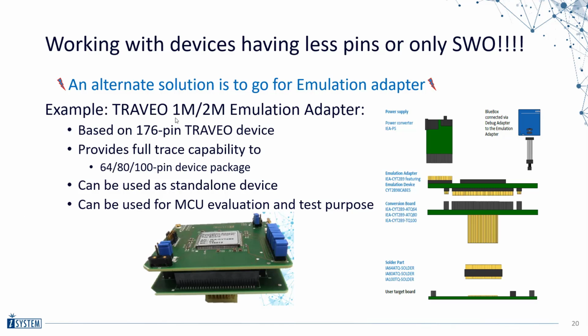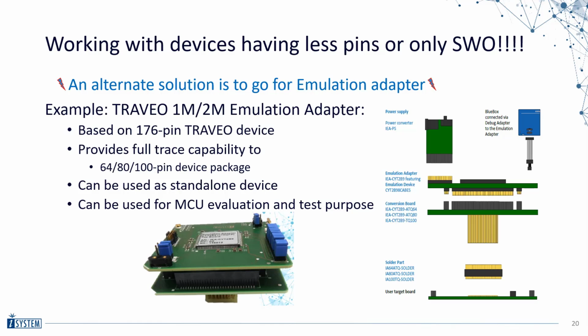In case of Traveo devices, iSystem provides the Traveo 1M or 2M emulation adapter, which is based on the 176 pin Traveo device and provides full trace capability to 64, 80 or 100 pin device packages. Definitely this emulation adapter can be used as a standalone device, or when you do not have the board available on your desk. In that case you can order this emulation adapter and use it for MCU evaluation or test purposes.